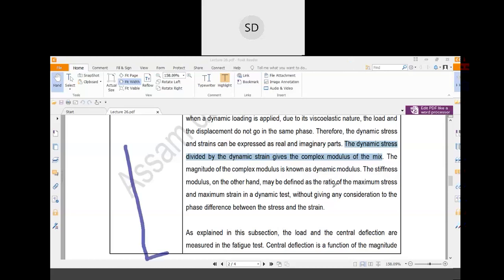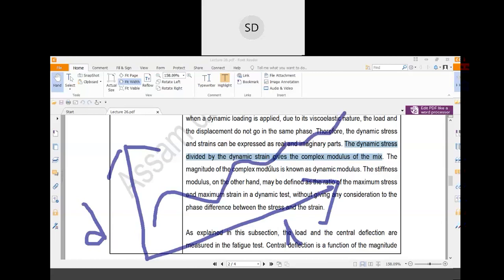From the dynamic test, you will get some values for load versus displacement, suppose you get a curve like that. From each and every point, you will get some complex modulus, and the value of the complex modulus is nothing but the dynamic modulus.